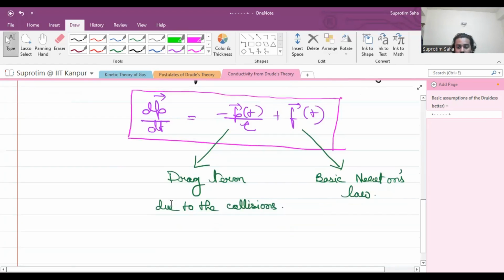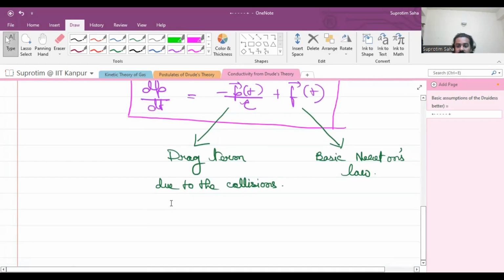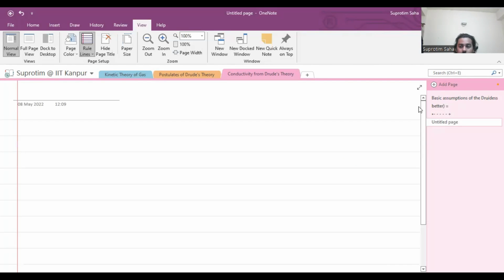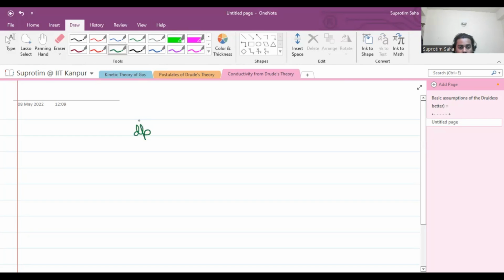Now we get back to dp/dt equals minus p by tau plus f of t.